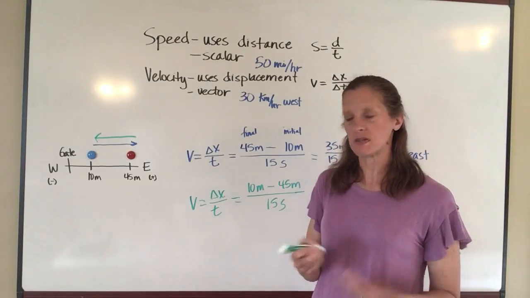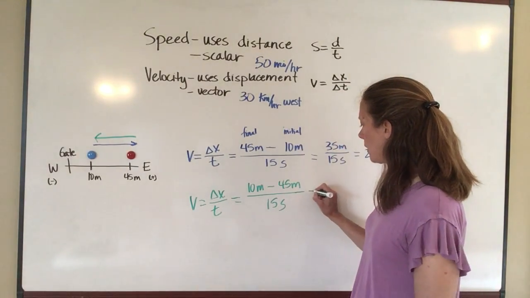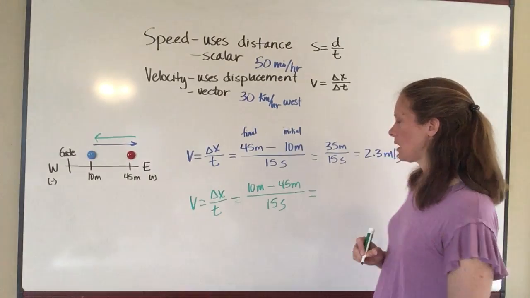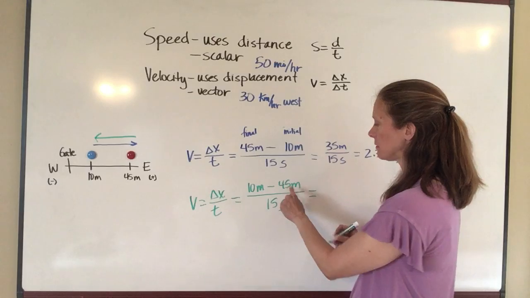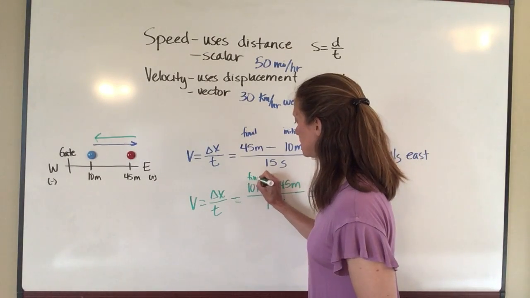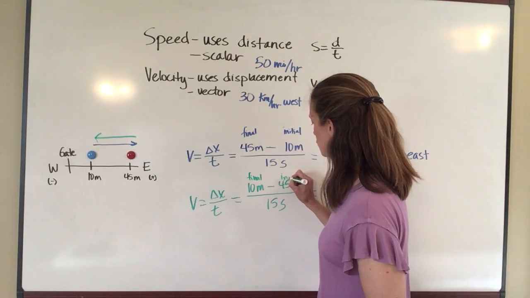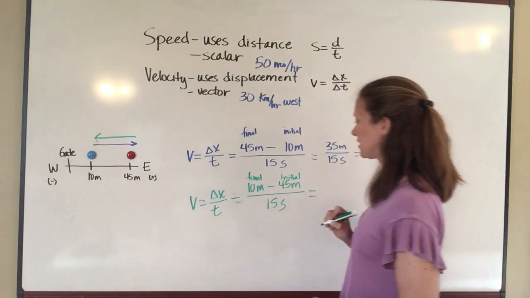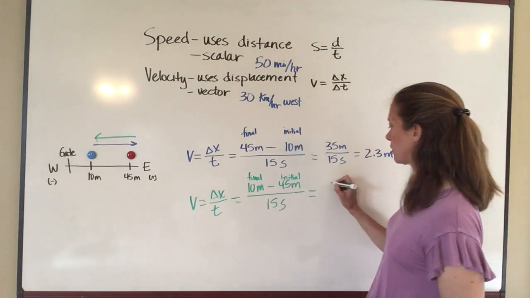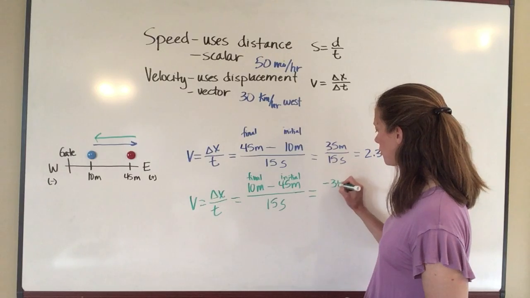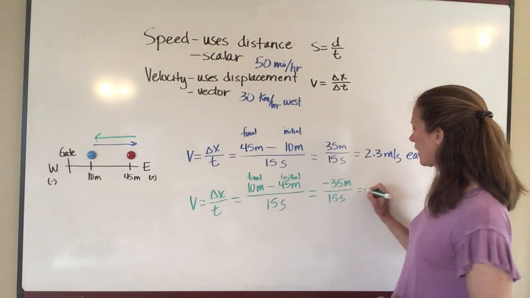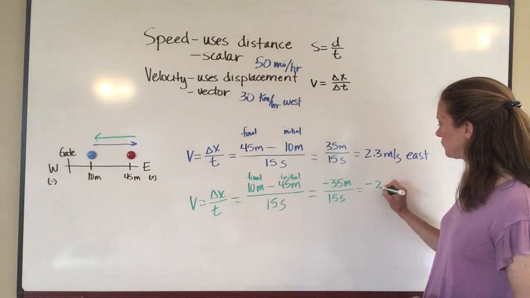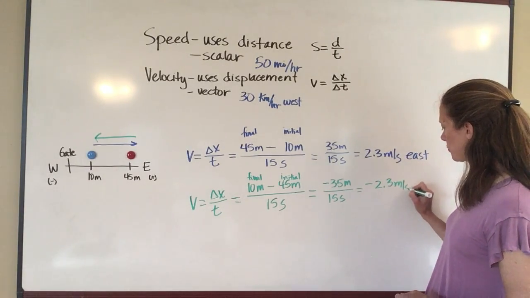We'll assume he maintained the same pace. Okay? But look what happens now. Before I had 45 minus 10. Now I have 10 minus 45 because I always take the final and I subtract the initial. So 10 minus 45 gives me a negative 35 meters over 15 seconds. So when I divide it, I now get a negative 2.3 meters per second.